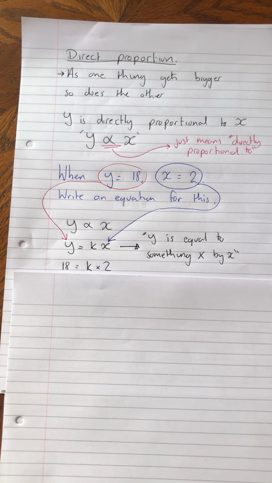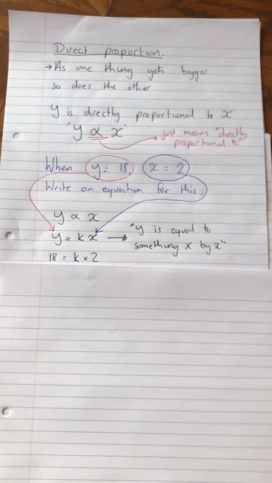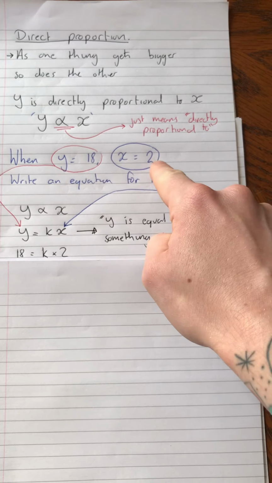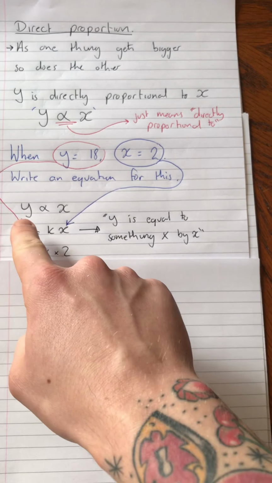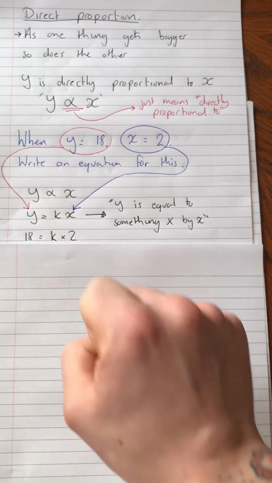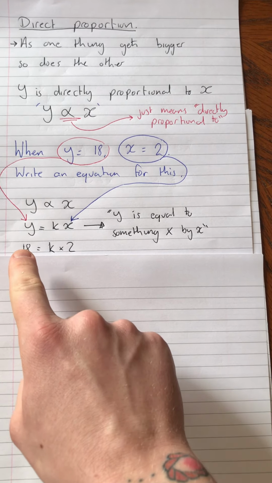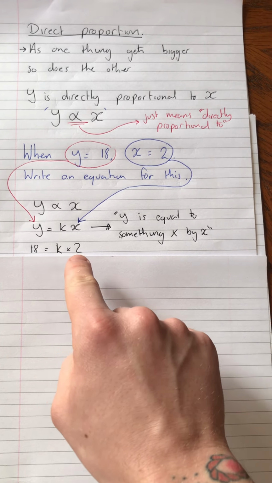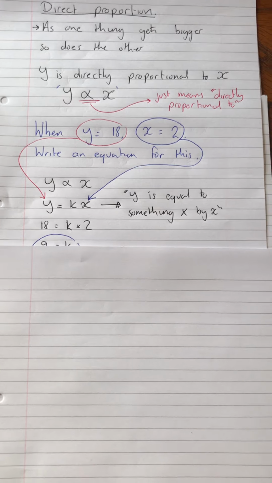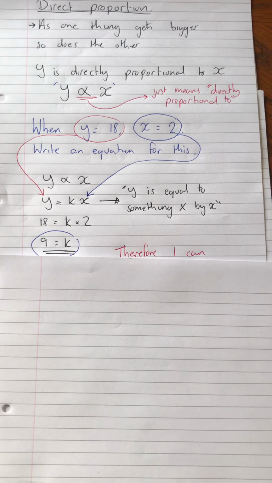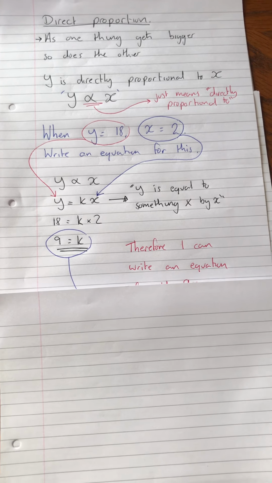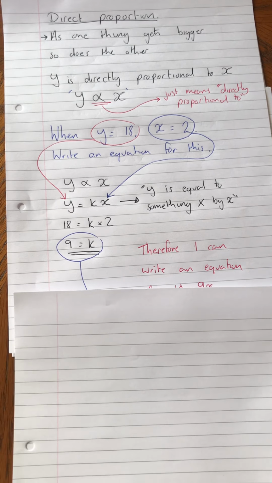And now we need to find out the value of k. Okay? Now we are told that when y is 18, x is 2. So let's substitute these values in. You know that when y is 18, x is equal to 2, so something multiplied by 2 has to give us 18, which means that k is equal to 9. This means that I can write an equation connecting y and x.